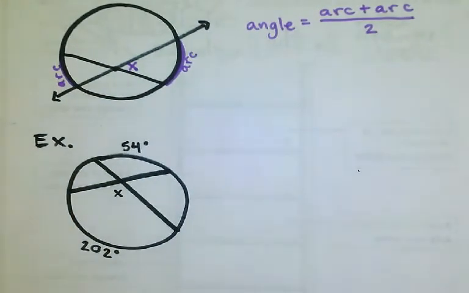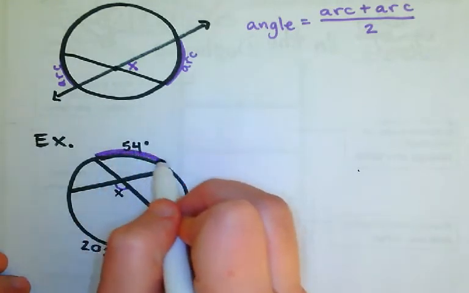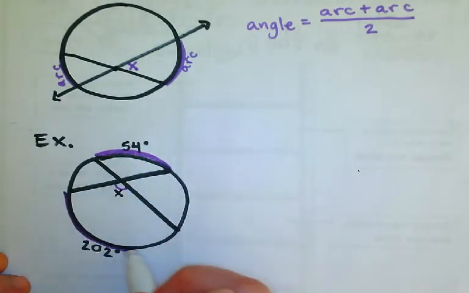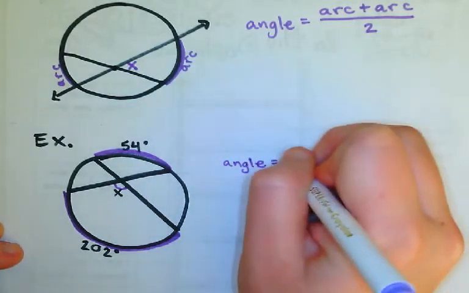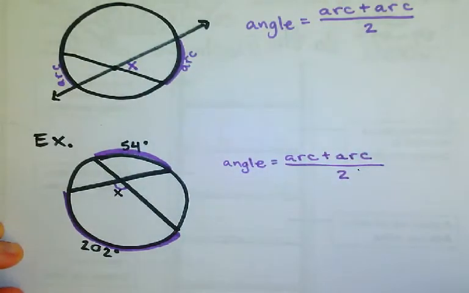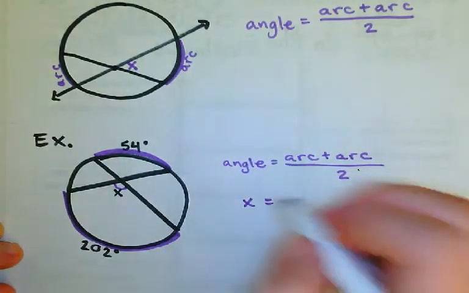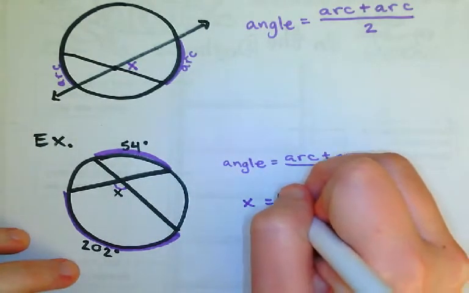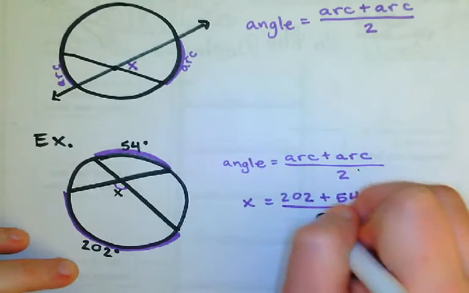Making sure that the angle we want is in between the 54 and the 202, we have angle equals arc plus arc divided by 2. x is our angle, one of our arcs is 202, our other arc is 54, and then we're going to divide that by 2.